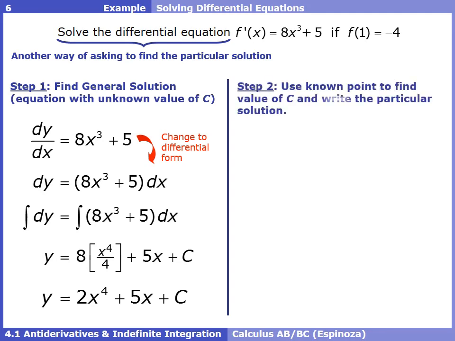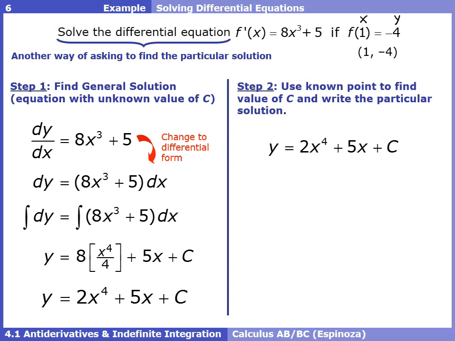The last step is to find that c value. The only way to find that c is to take a point and plug it in to find the c. So of course, up here we have our point written in function notation, so hopefully you're still okay with that. Our x is 1, our y is -4, so we're going to just plug that in.